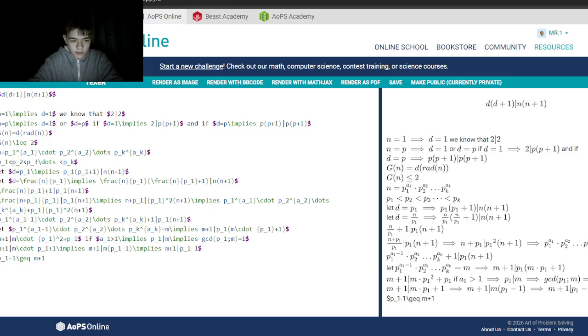Now we know that p1 minus 1 is less than p1, and m plus 1 is more than m, which is equal to p to the power of, actually I will copy this.